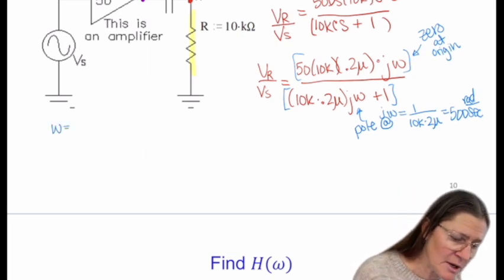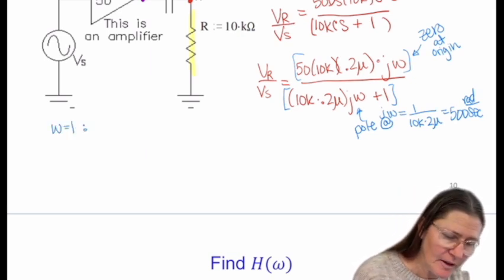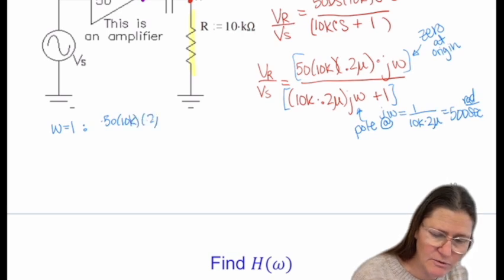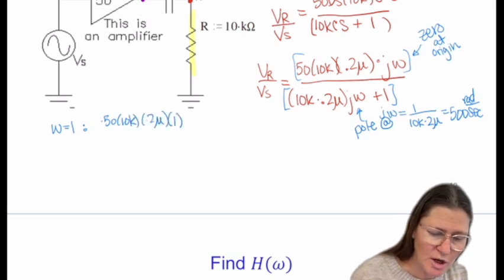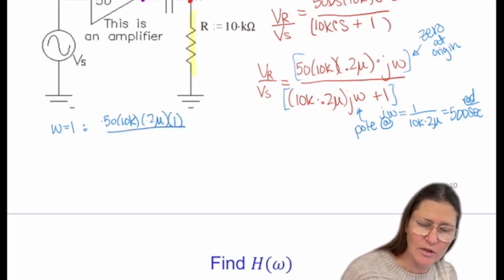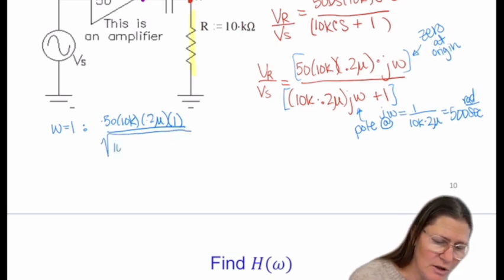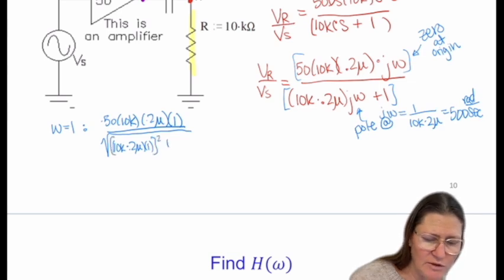So I'm going to pick omega equals 1. Then I have 50 times 10K times 0.2 micro times 1. I plug in the omega, and it's over the square root of 10K times 0.2 micro times 1 squared, this whole quantity squared, plus 1 squared.